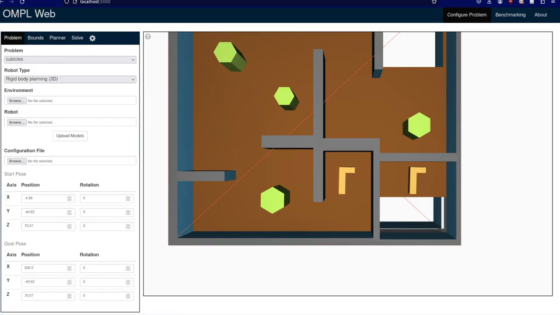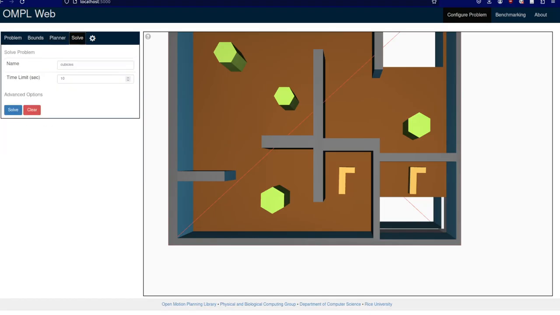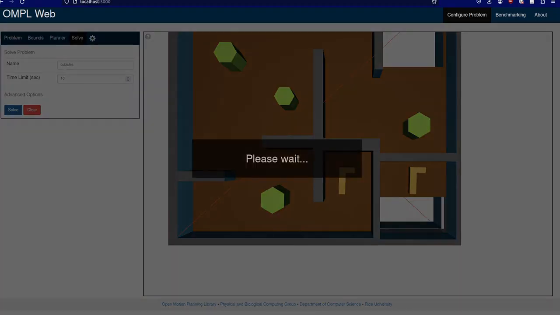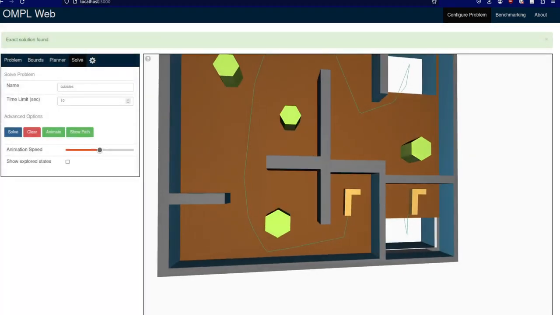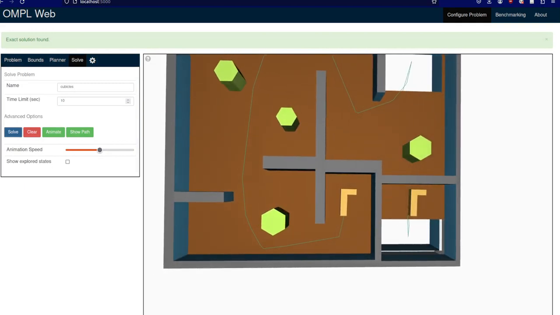And the way it works, so now I have these two screens, it's a bit annoying, but you can define a problem, and then you can select the planner here, and then once you're happy, you can solve, and then hopefully it's always more fun to see an animation.